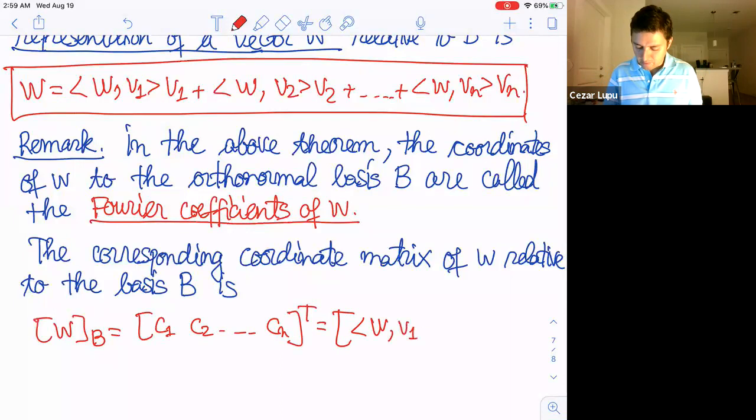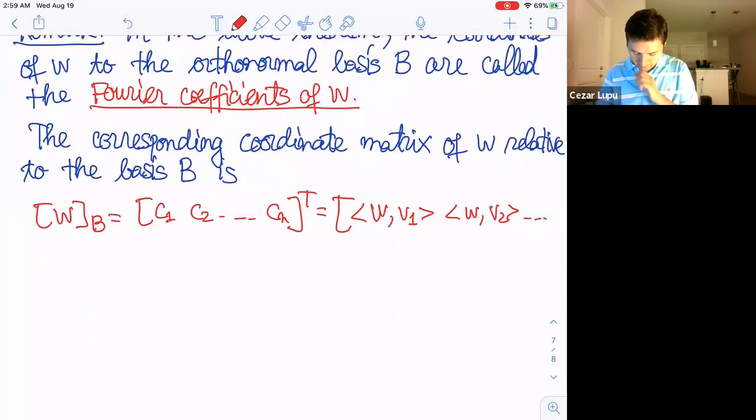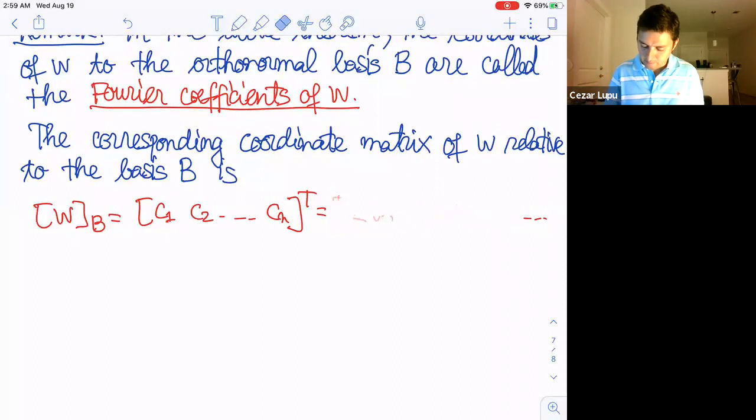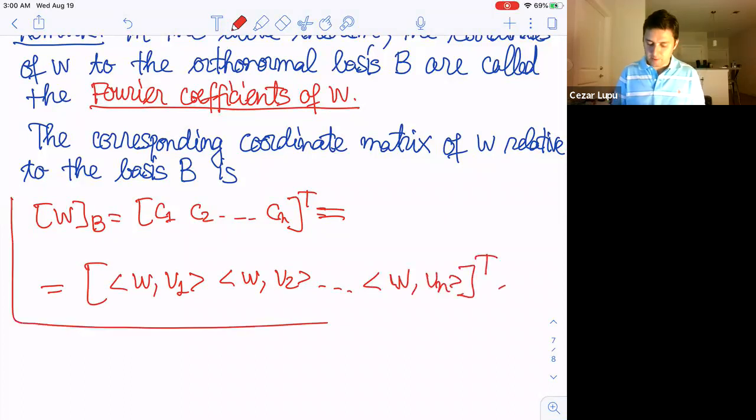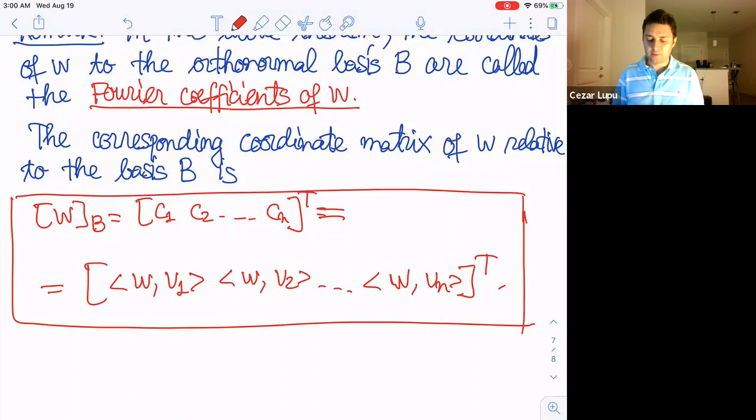It's the inner products of w with v1, w with v2, and so on, transposed. Okay, so that's the corresponding coordinate matrix of w relative to the basis B.